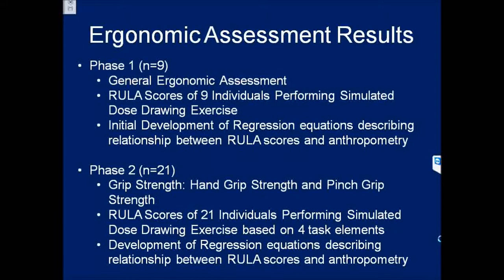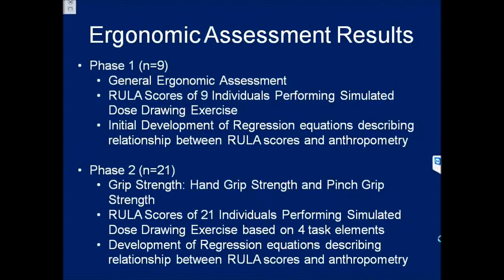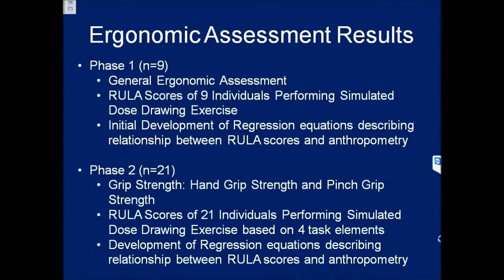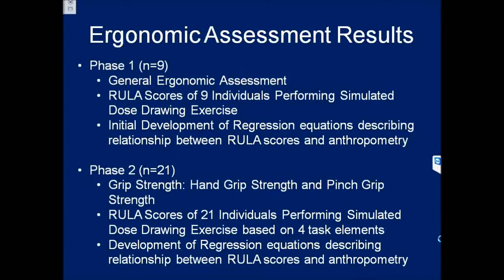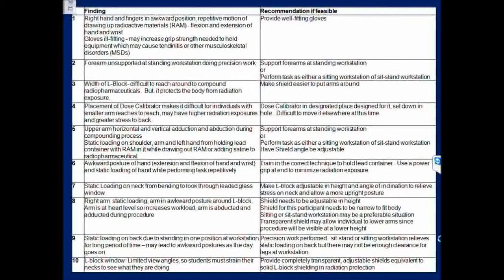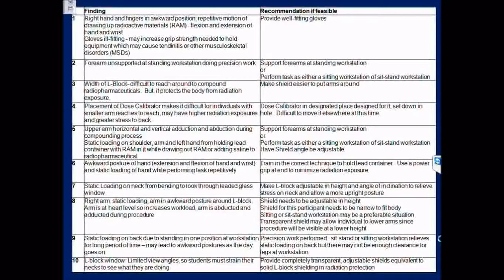And in phase 2, I looked at the hand grip strength and the RULA scores, and I divided it up based on 4 task elements. And then this was my general results. I pointed out, using the video, these particular stresses, some general results, and then what I would recommend if it was possible to do in the lab to help alleviate these problems.